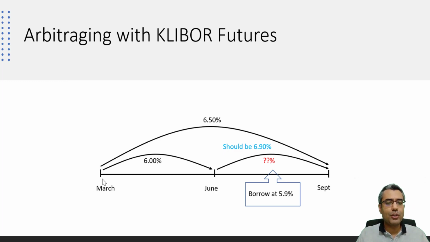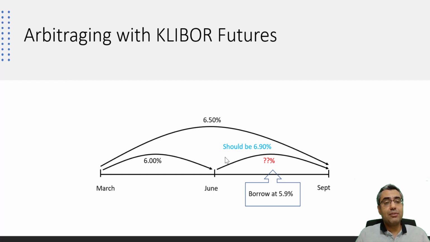So if you are buying or selling, let's say, June KLIBOR futures, this means that we are talking about the 3-month rate in June, right? So if June KLIBOR futures is priced at 90, this means that we expect the 3-month interest rate in June will be 10%, right? 100 minus 90.